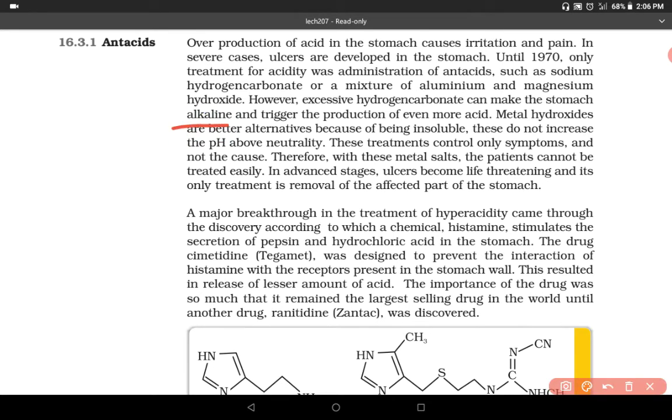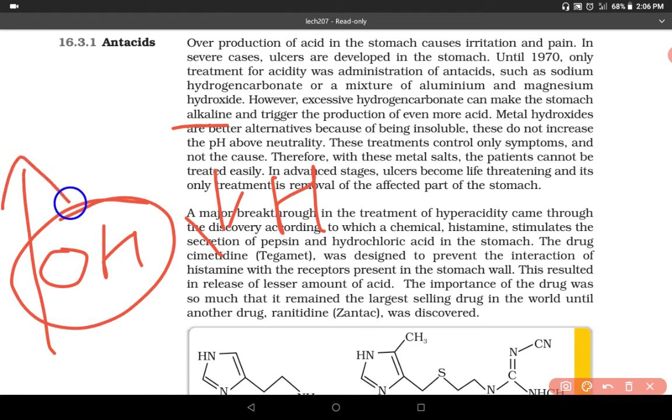Yes, of course, we already said that bases and acids react and it decreases the acidity. But heavy OH present makes water. It decreases the hydrogen and increases the OH. That makes the body alkaline and triggers the production of even more acid.